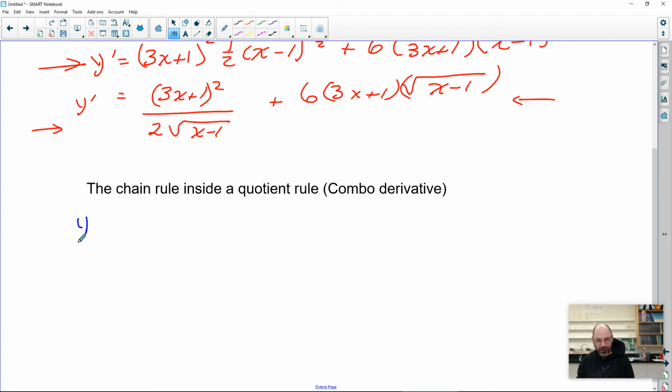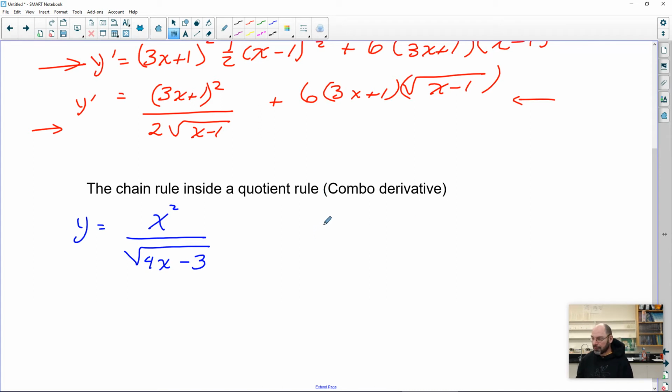So let's say y equals x squared divided by the square root, so that's where our combo is going to come in, of 4x minus 3.